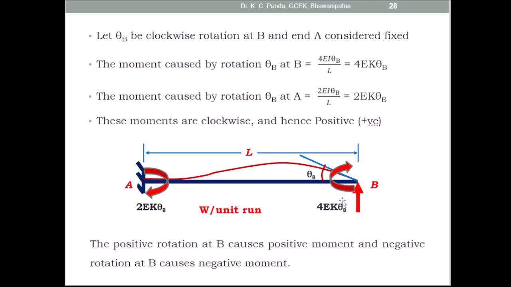So the moment caused by rotation theta B at B, this side, that is 4EI theta B by L, that is equal to 4E K theta B. The moment caused by rotation theta B at A is 2EI theta B by L, which is equal to 2E K theta B. These moments are clockwise and hence positive. The positive rotation at B causes positive moment, and negative rotation at B causes negative moment.